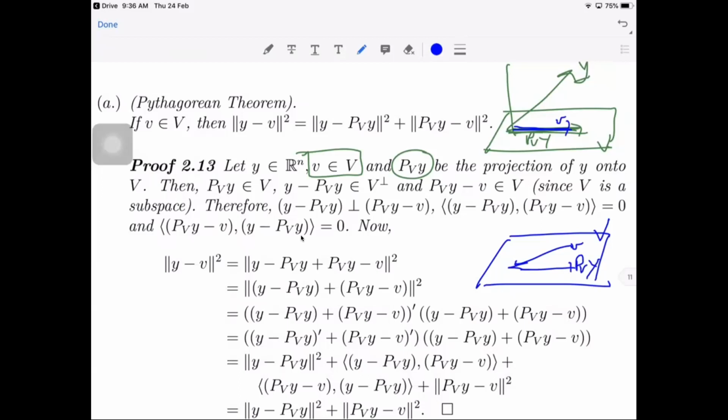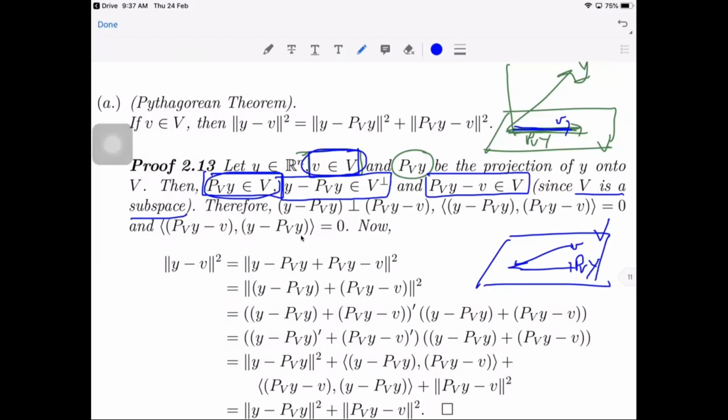Okay. So by definition of projection, this projection is in V, then Y minus the projection is in V perp. That is just using the definition of projection. And another is, since V is a subspace, you can have a linear combination of the vectors in V. So you have this v in V and this projection of Y onto V to be another vector in V. And you can always have a linear combination of that.